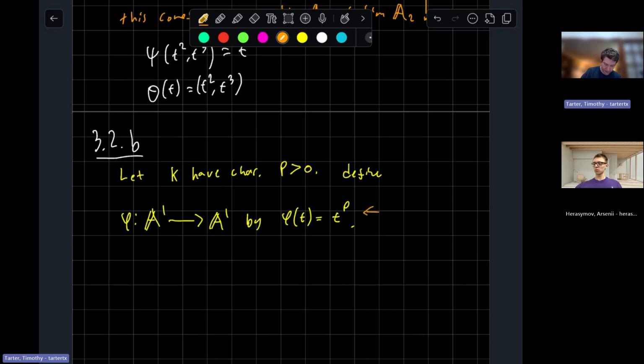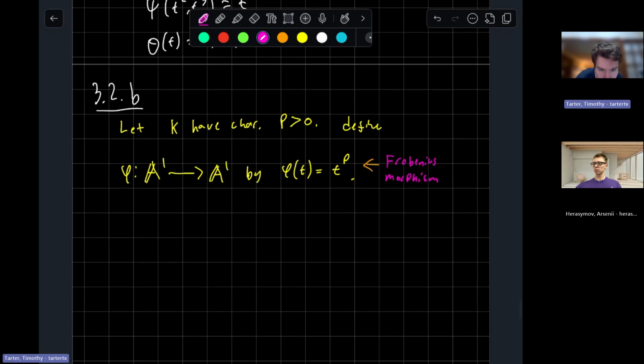This is called the Frobenius morphism. Now this generalizes, of course, to higher dimensions, where phi goes from A^n to A^n, by phi of your tuple going to each entry of the tuple being raised to the pth power.